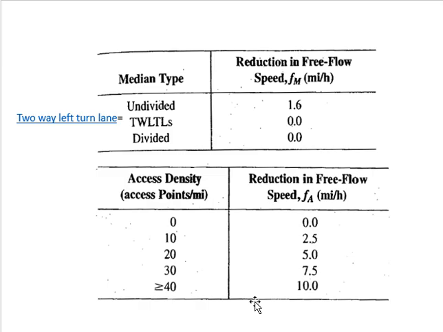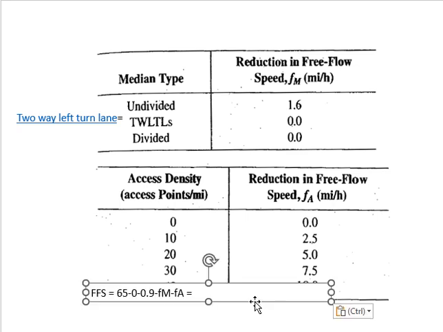Now they said the highway has a median. Which condition says it has a median? First table. There are 3 different values, right? Having a median means it is divided. For divided, the factor is 0. Then I need the access points.